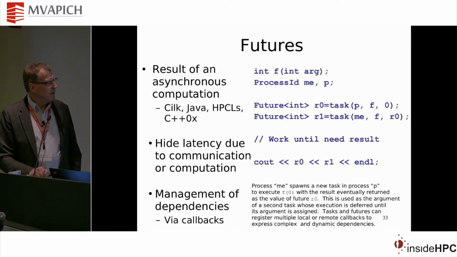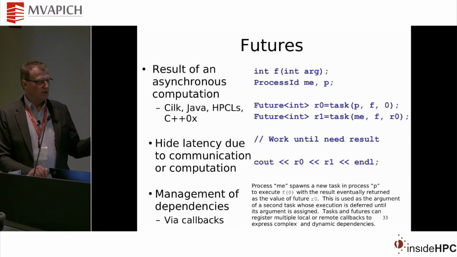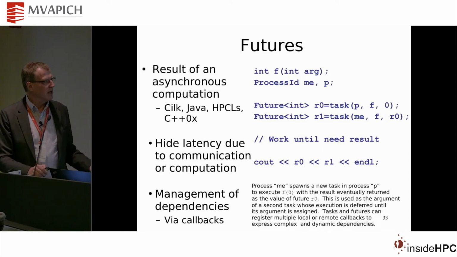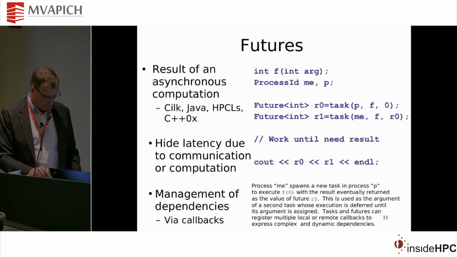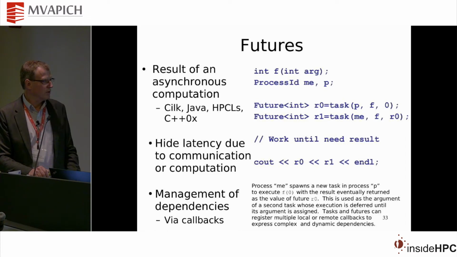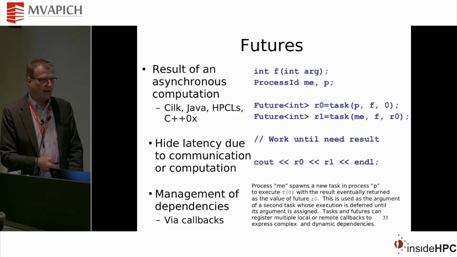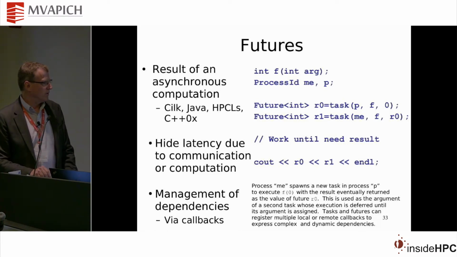The key point here is we want to express enough computation and data motion so that we can successfully overlap computation and data motion to hide as much as possible all of the latency associated with the communication, and again, algorithmic latency associated with dependencies.